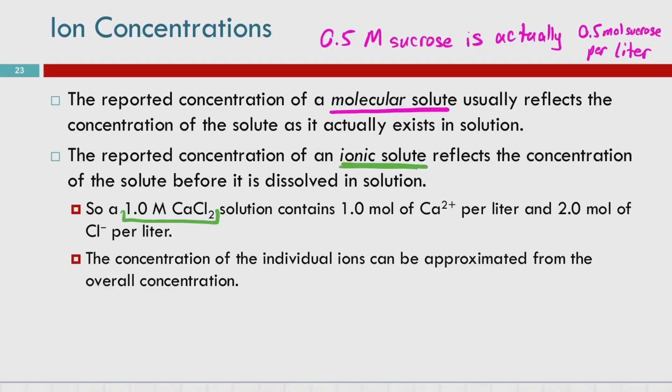It's not going to contain 1 molar of each of the ions, however, not in all cases. So it's going to contain 1 mole of calcium per liter, because there's a subscript of 1 that is implied. But we have a subscript of 2 for our chloride. So there's actually going to be 2 moles of chloride per liter because of this 2 subscript.